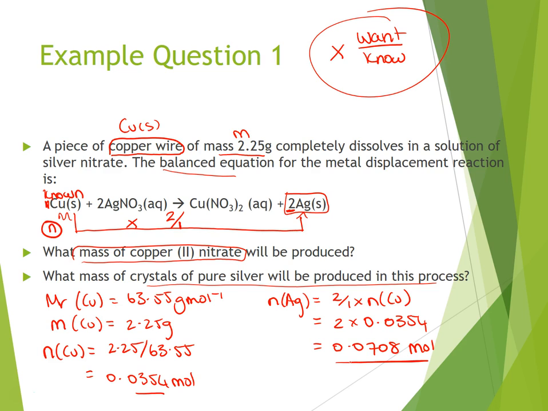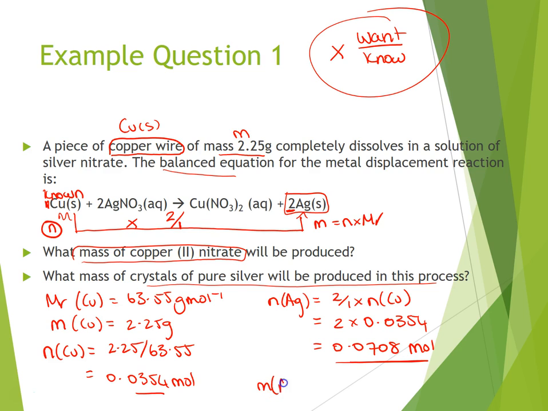Now to step back up to what I want to know, I'm going to use mass equal to N times MR, and I'm going to multiply that number of mole by my molar mass of silver, which is 107.8.